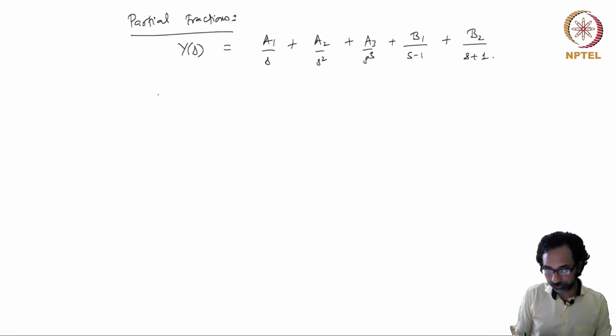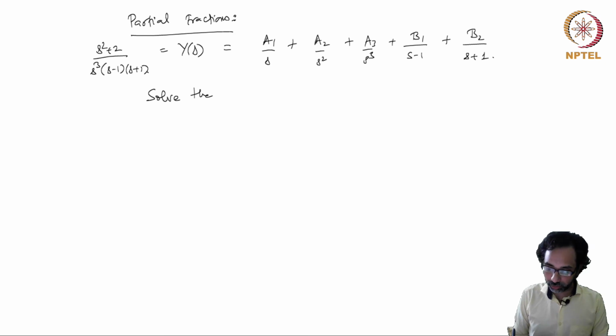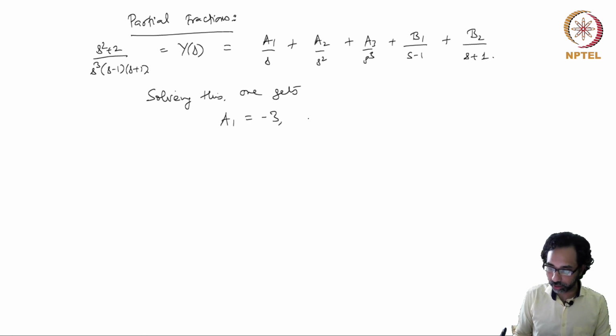Now if we solve this, on the left hand side you have (s^2 + 2)/(s^3 (s - 1)(s + 1)), and solving this one gets the following answers. a1 equals -3, a2 is 0, a3 is -2, and b1 and b2 are 3/2.